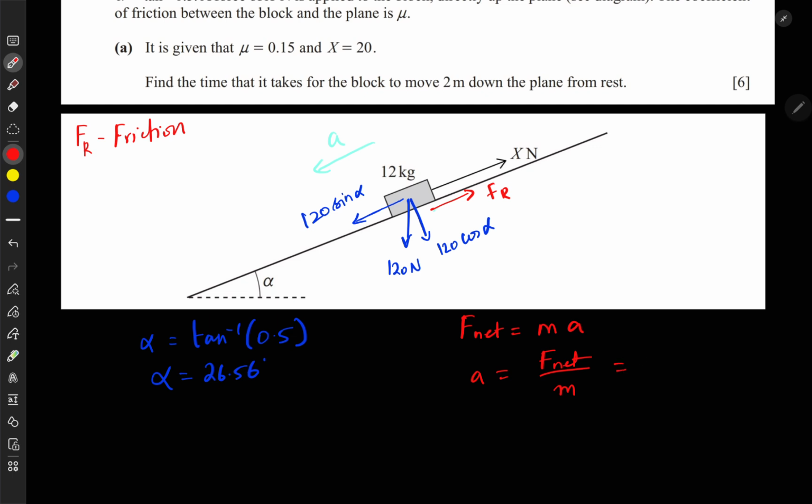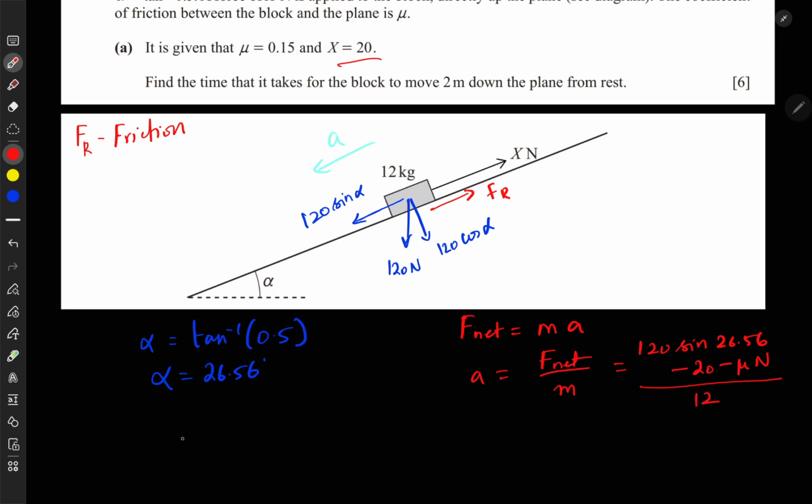F net is 120 sine 26.56, minus X, which is 20 as given in the question, minus Fr, that is mu into N, divided by the mass, 12 kg.